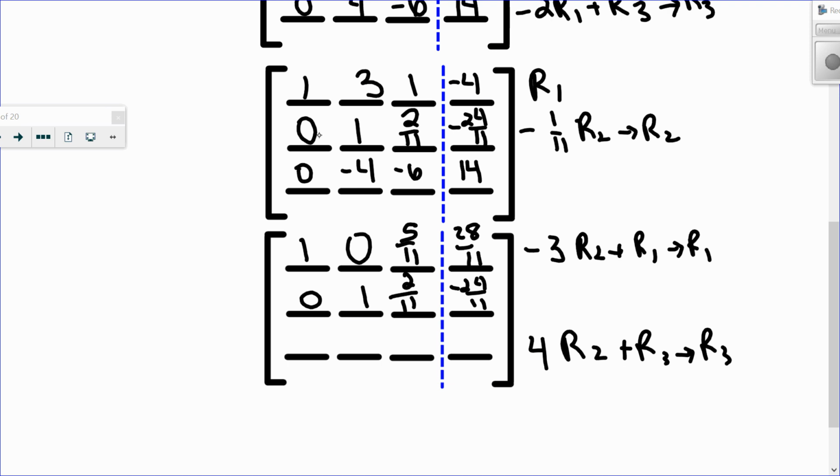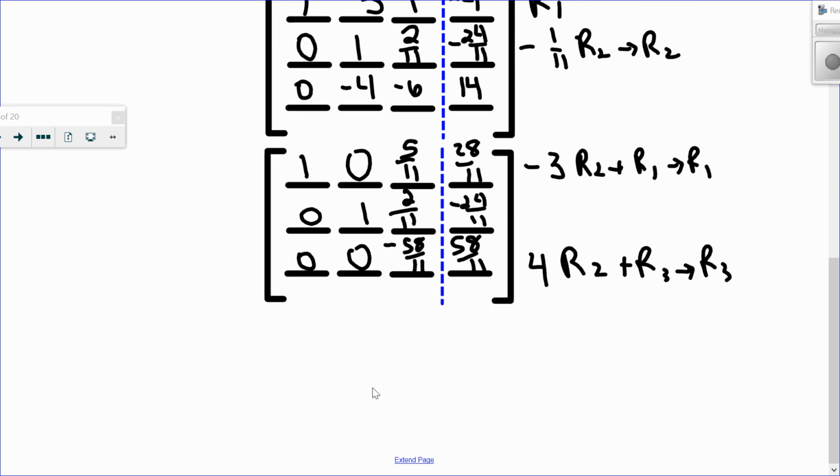So 4 times 0 is 0 plus 0 is 0. 4 times 1 is 4 plus -4 is 0. 4 times 2 over 11 plus -6 is -58 over 11. And then 4 times -24 over 11 plus 14 is 58 over 11.